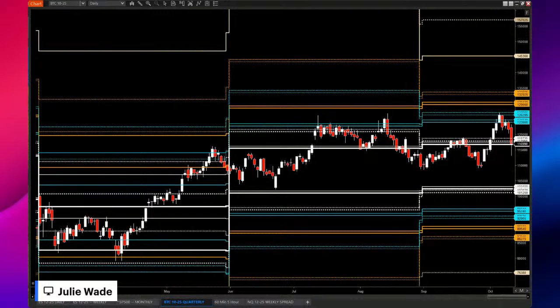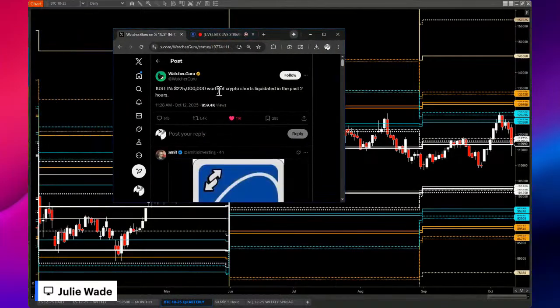I guess, just like the cash market and the futures are different, with SPX and ES. But it was nice to see the whale get their face ripped off. $225 million worth of crypto shorts liquidated in the past 2 hours, and that was posted 4 hours ago.